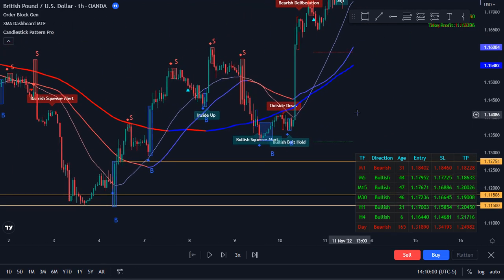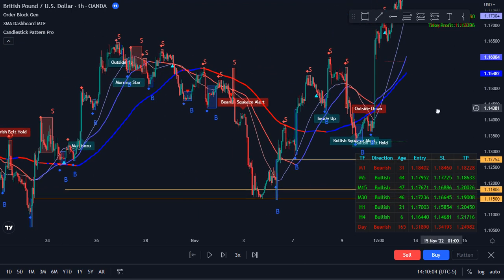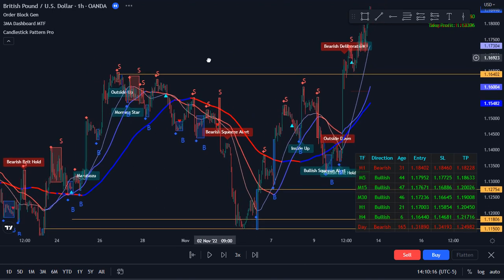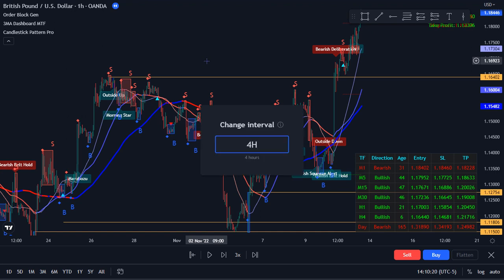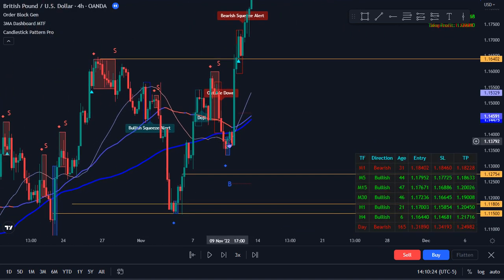And all of this is happening while we still have higher highs to be taken out. As I mark out this high, about there, and I go back out to the 4 hour, it was this retracement here.